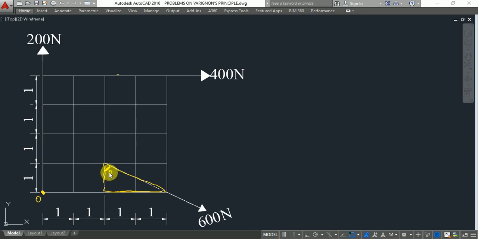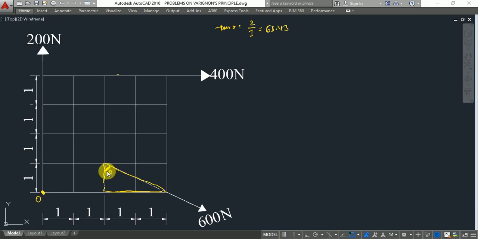Tan theta is equal to opposite divided by adjacent, that is tan theta is equal to 2 by 1. Shift tan inverse of 2. So theta is equal to 63.43 degrees.